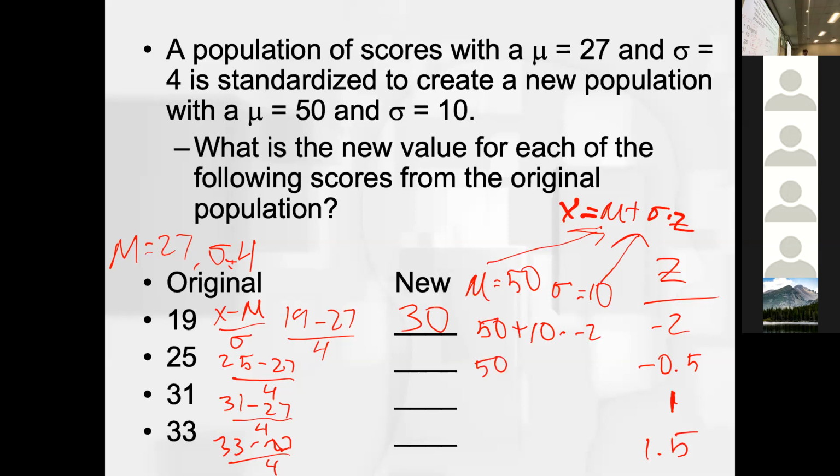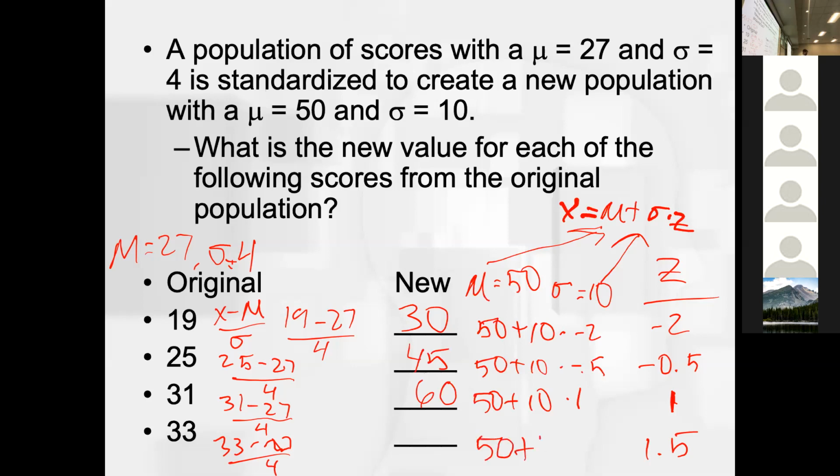We can do that for the next one. So we have 50 plus 10 times negative 0.5, or 50 minus 5 gives us 45. Same with 31, 50 plus 10 times 1, or 50 plus 10 is 60.